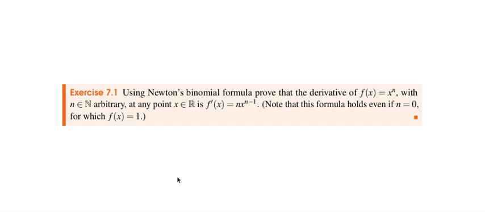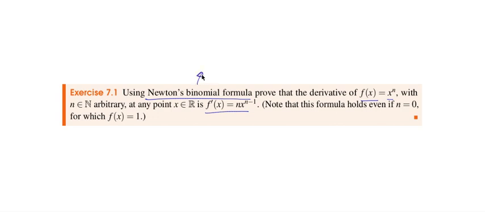Okay, an exercise for you is to derive the derivative of f of x equals x to the n, where n is a natural number. So derive that f prime is n times x to the n minus 1, using Newton's binomial formula.